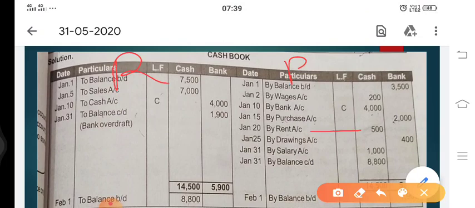Nothing was mentioned, that means we'll pay it in cash. Right, students? In the form of journal entry, rent being an expenditure, rent account debit to cash account. Since cash got credited, we are on the credit side of cash and will write by rent account.